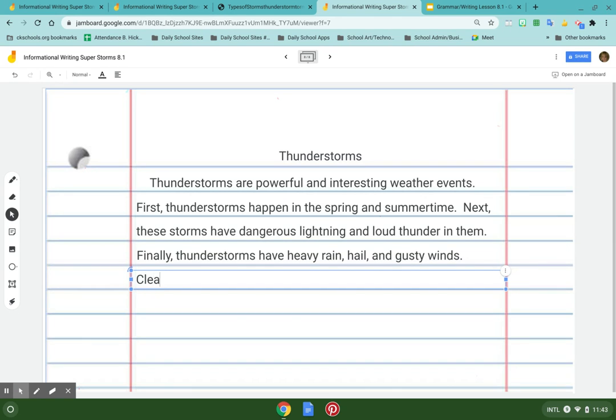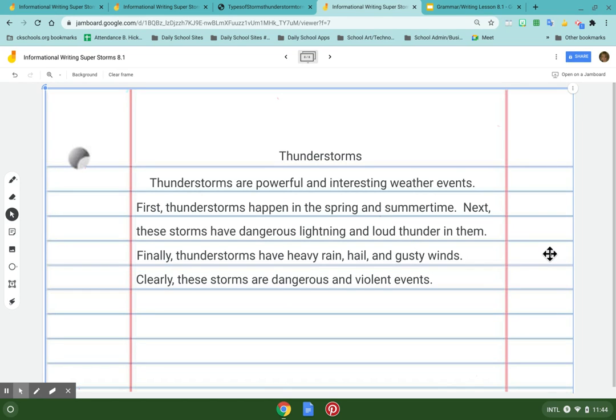And see, it's not just a list of sentences. It's a paragraph. Clearly, these storms are dangerous and violent events. Okay, that's my paragraph. Now, do you see it? It's not just a list of sentences.